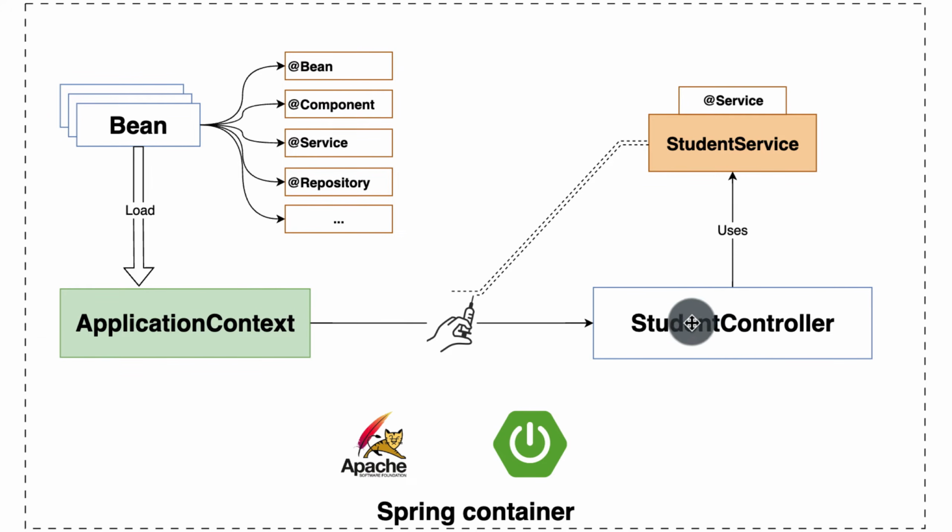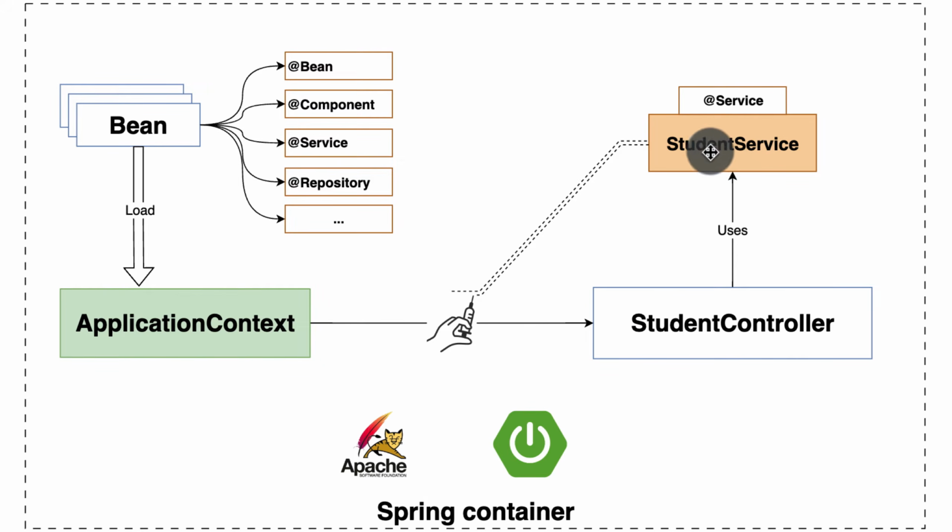So the student controller is dependent on this student service, and the student controller doesn't need to manually manage and deal with the life cycle of this bean or object. So we want to delegate this operation to our container. So the Spring context will try to inject this object if possible, of course.